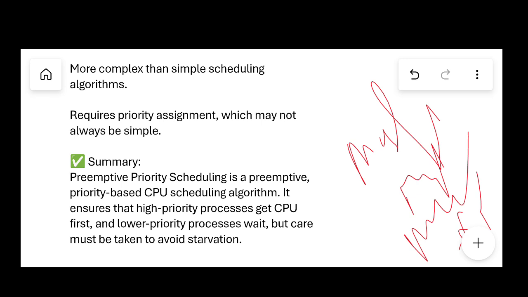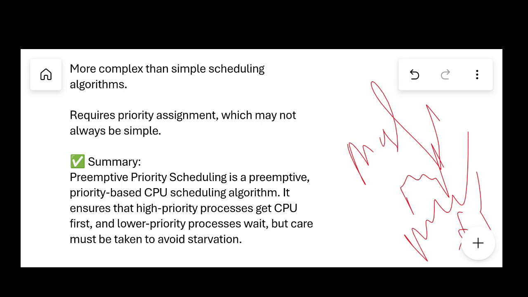One challenge with preemptive priority scheduling is starvation. Starvation happens when low priority processes keep getting postponed because higher priority processes keep arriving. Imagine a tiny process waiting forever because bigger, more important processes keep cutting in line.